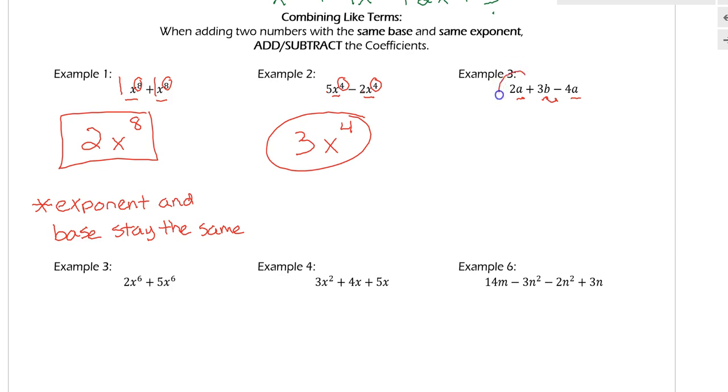So I'm going to combine 2a and negative 4a, or 2a minus 4a. Remember, the sign always goes to what's to the right of it. So 2 minus 4 is negative 2a, right? Just the coefficient changes.